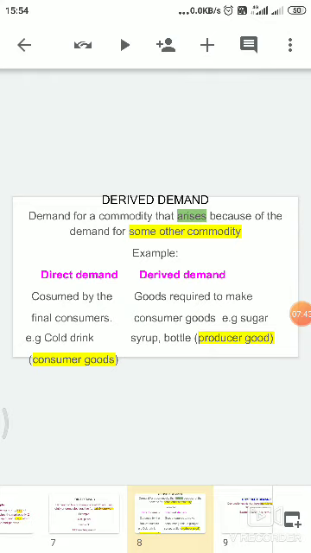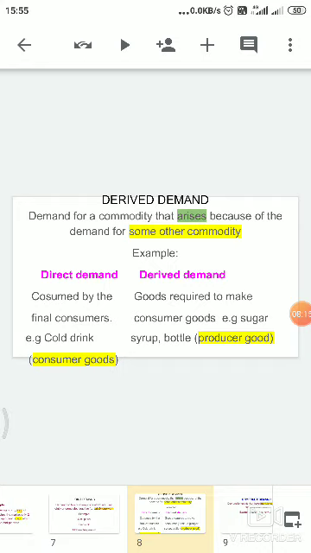Now, how is the cold drink prepared? The person who has supplied the cold drink must have prepared it. So, to prepare the cold drink, he must have required certain goods. In order to prepare the cold drink, he must have required the sugar syrup, bottle, the cap, the labels to put on the bottle. So, the demand for sugar syrup, bottle, the cap, etc. is a derived demand.